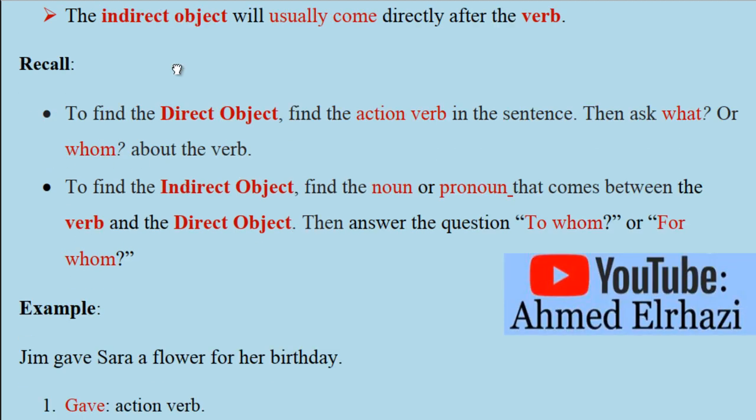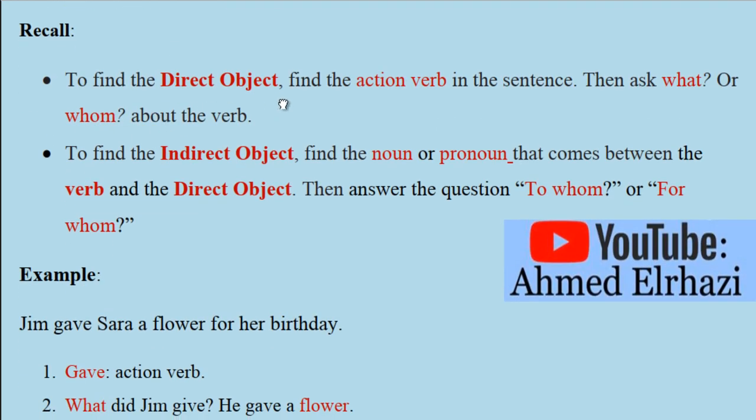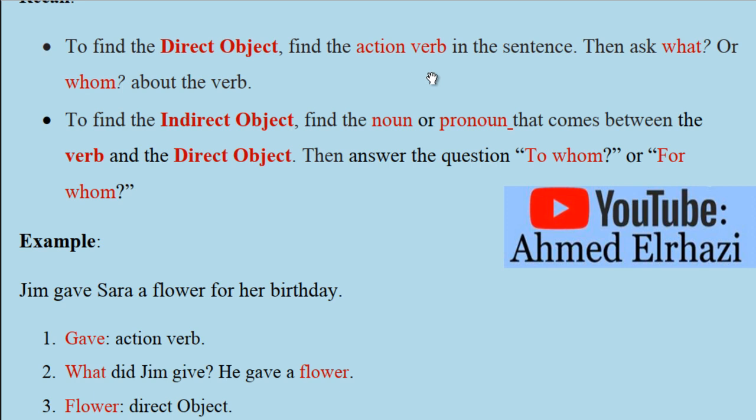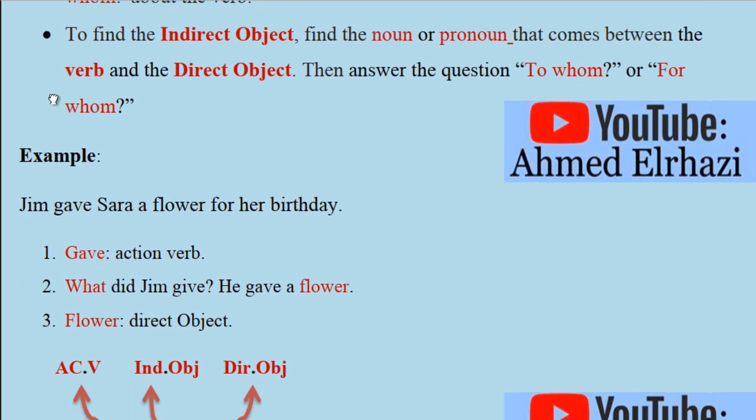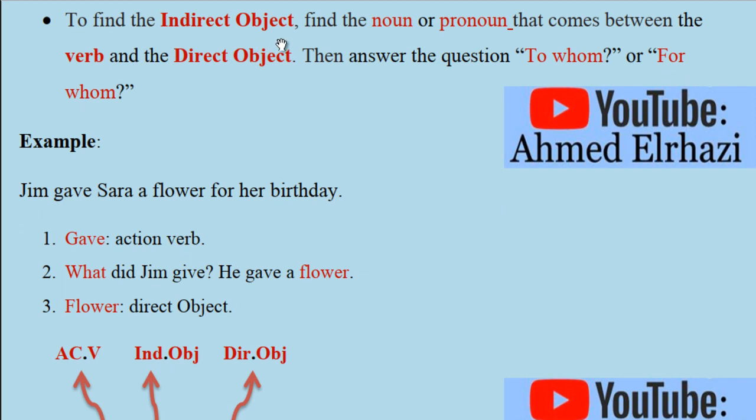Recall. To find the direct object, find the action verb in the sentence. If I want to find the direct object, the first thing I need to do is find the action verb in the sentence. Then ask what or whom about the verb. To find the indirect object, find the noun or pronoun.